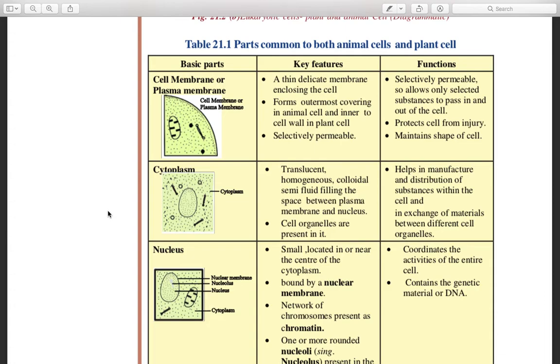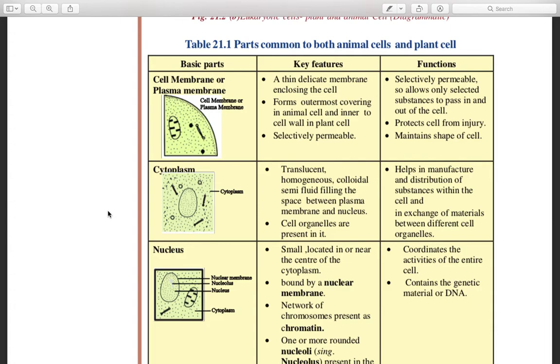Homogeneous means it is made up of only one single kind of substance. It's not made up of multiple substances. For example, if you take water, it is homogeneous, it is only made up of water.